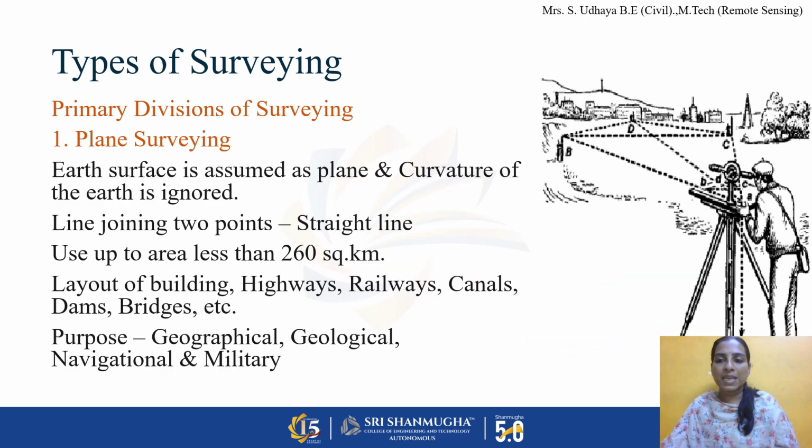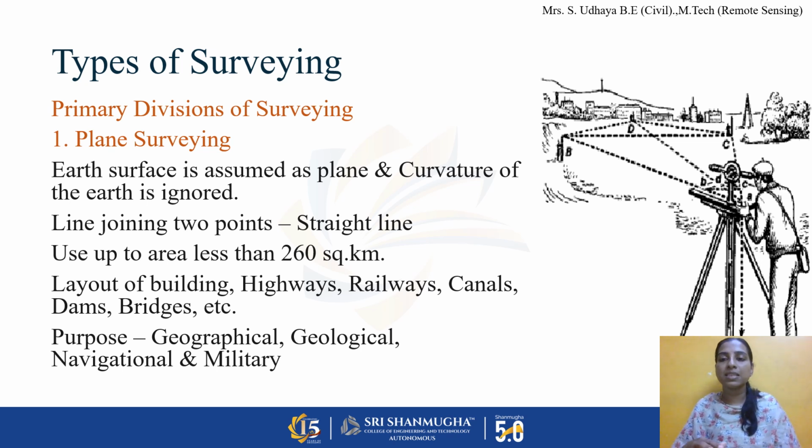The first one is plane surveying. As the name itself indicates, here the earth surface to be surveyed is assumed as plane. Plane means flat. Here the curvature of the earth surface is ignored. When we measure the distance between any two points, it is considered a straight line.